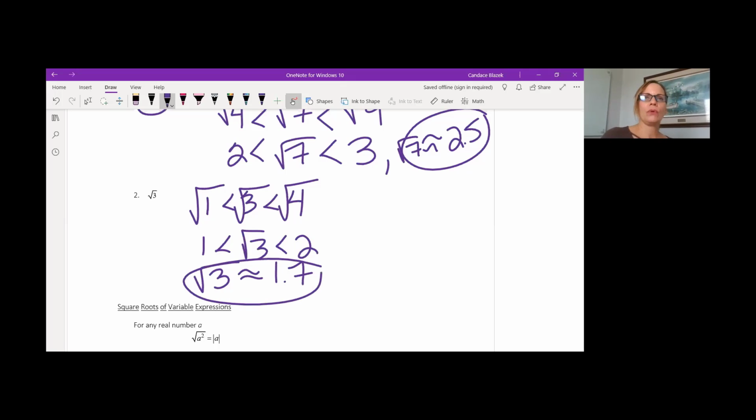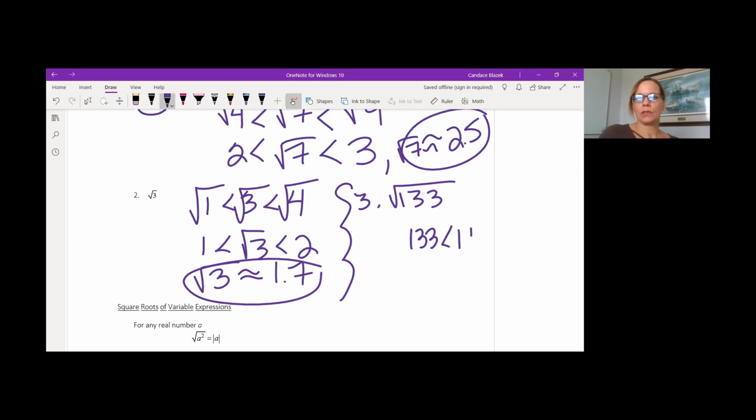All right, so when you are working with square roots, we want to be able to approximate. Let's do one more. This actually does come in handy. I want to do the square root of 133, just to make sure that you know that answers are correct. So one thing I would say is 133 is less than 144, which is 12 squared, and more than 121.